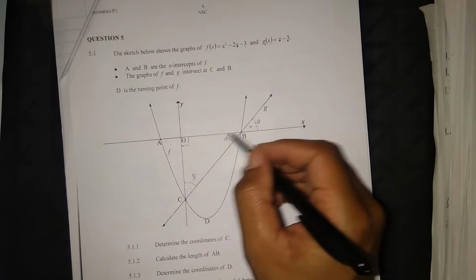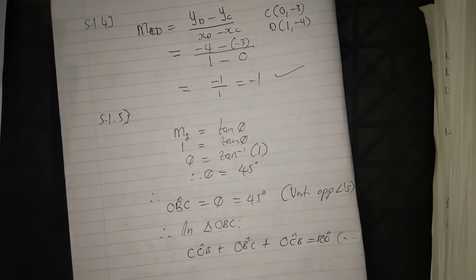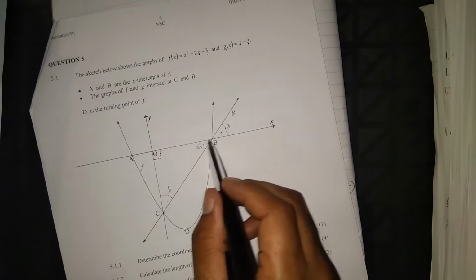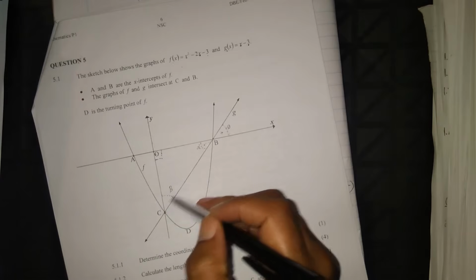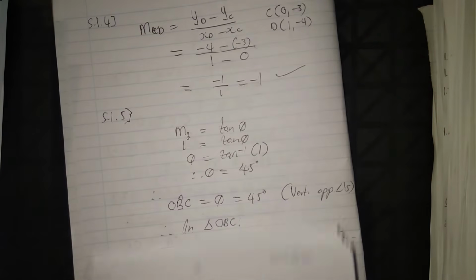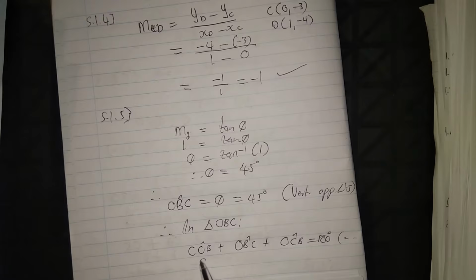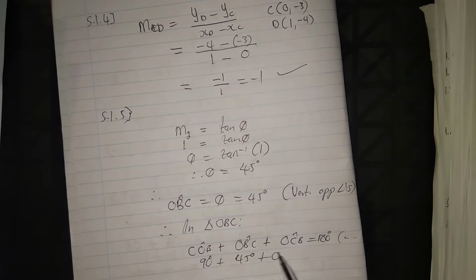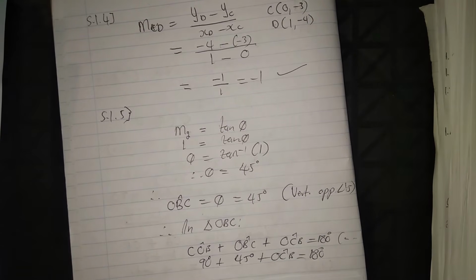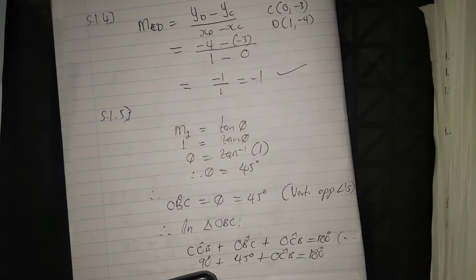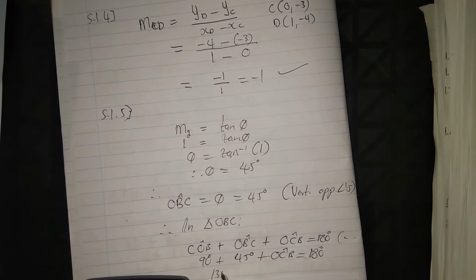COB is 90 degrees, OBC we calculated to be 45 degrees. So 90 plus 45 is 135, plus OCB is equal to 180.